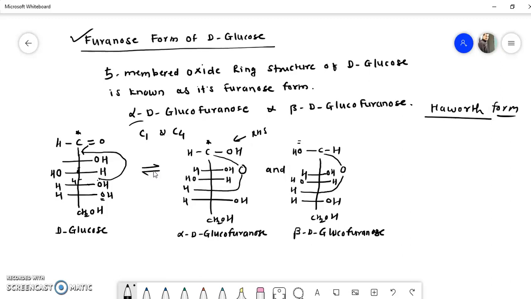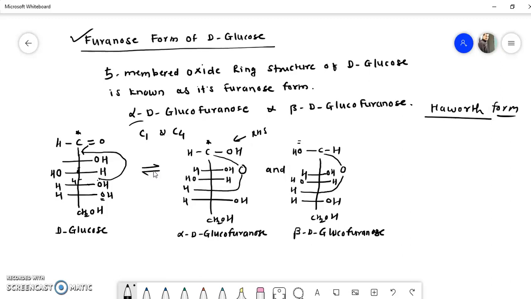Before writing the Haworth form, remember that to obtain the Haworth form you have to do one thing. You have to observe the open chain oxide ring structure of alpha D-glucofuranose and see the groups which are on the right hand side of this Fischer projection. You have to draw them below the plane in the Haworth form.